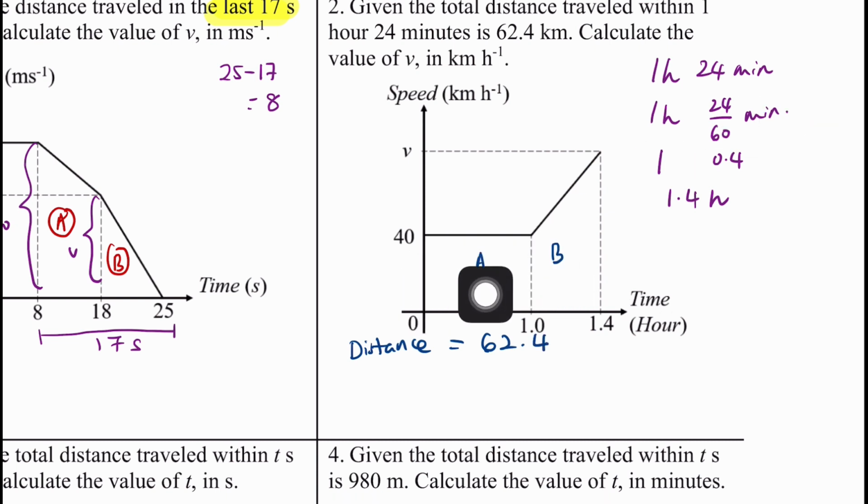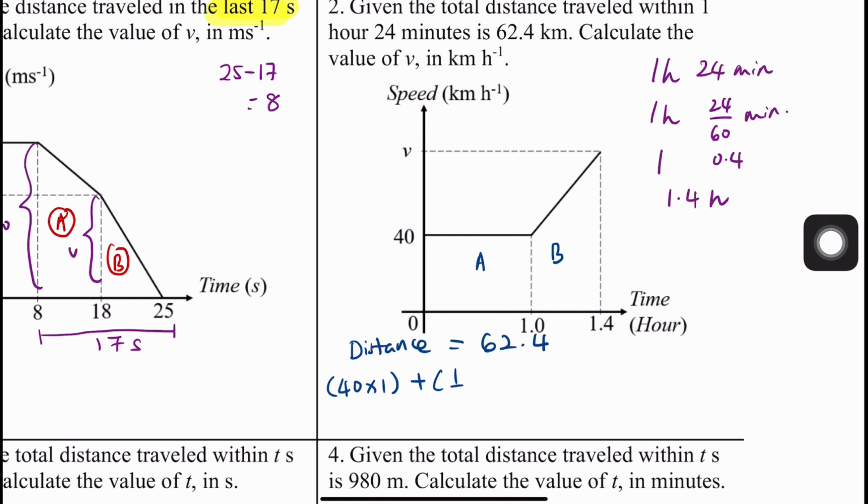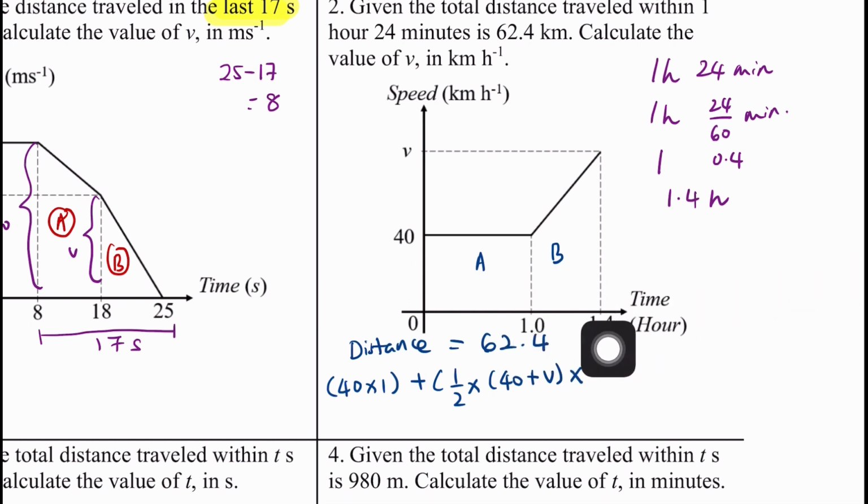So cuba kira luas A. So A is 40 times 1 plus, area of trapezium is 1 over 2 times height parallel kan, kena tambah. So 40 plus V, times base. Base is 1.4 minus 1, 0.4. Is equals to 62.4.